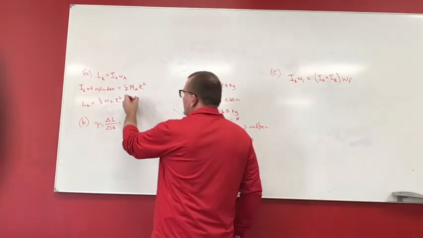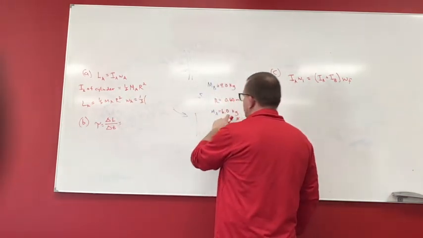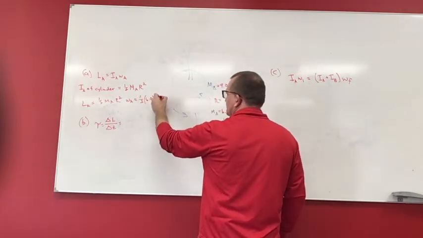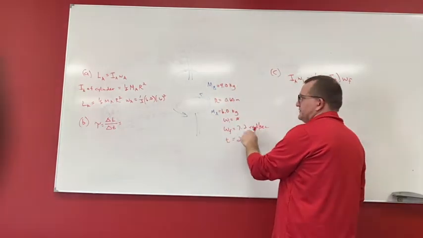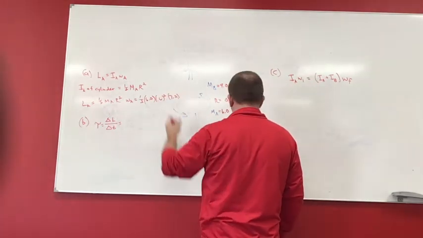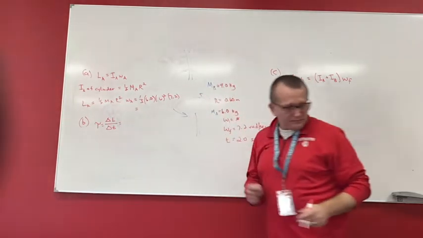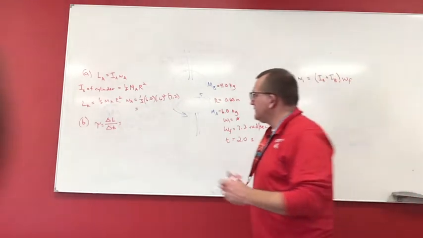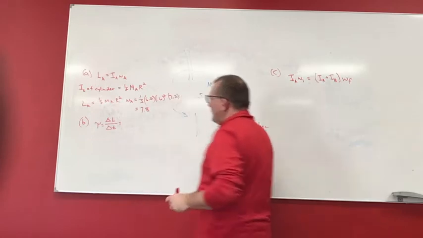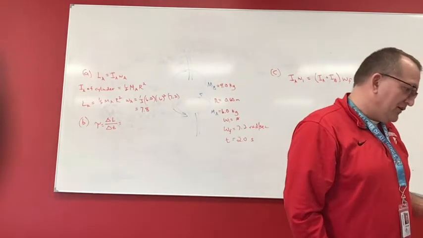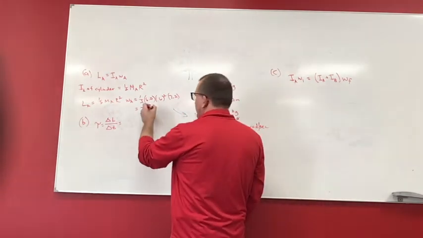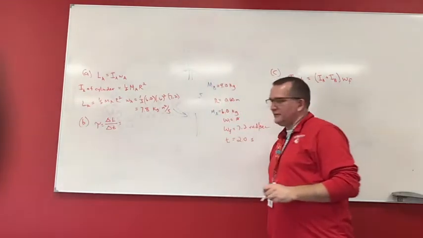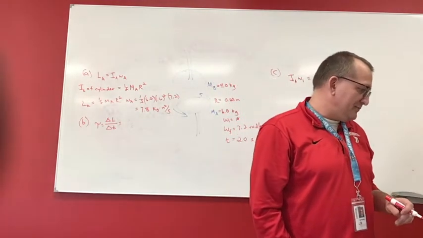So I get 1/2, my mass is 6 kilograms, my radius is 0.6 meters squared times how fast I'm going, which is 7.2 radians per second. And I calculate all this up, and I get 7.8. Now our units for angular momentum are close to what they were with regular momentum, but it's kg m squared over s. So those are our units for angular momentum.